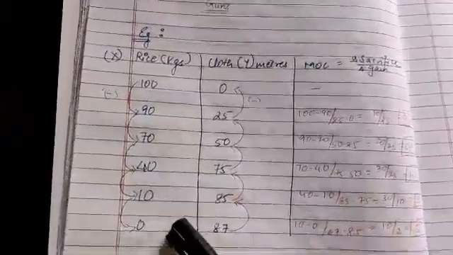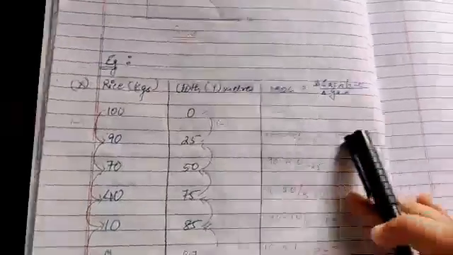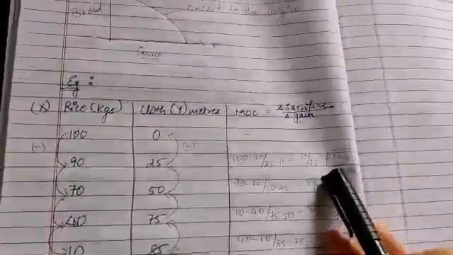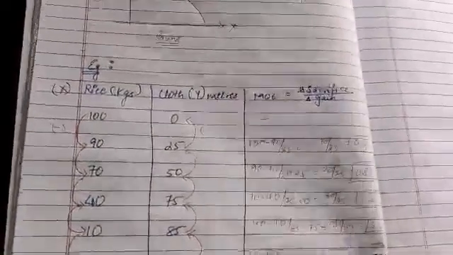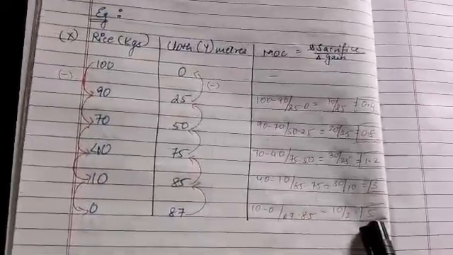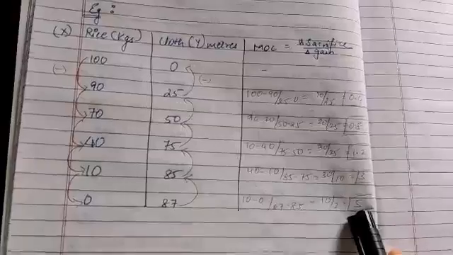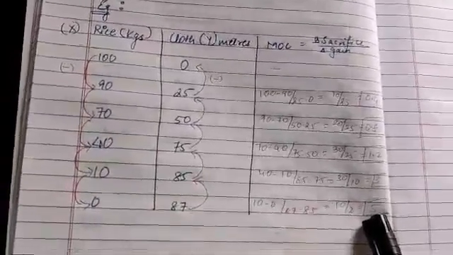Next 10 minus 0 divided by 87 minus 85. So first you will get 0.4, then 0.8, then 1.2, then 3, and last 5. So this is how you can calculate MOC. Similarly, I will be giving you notes as well, so don't worry, and we will be solving more examples like this. Thank you.